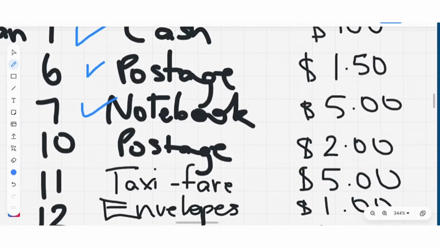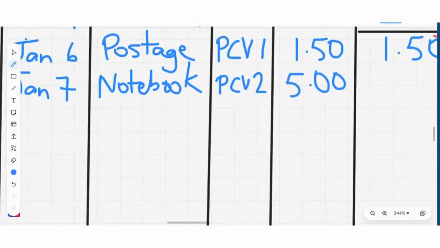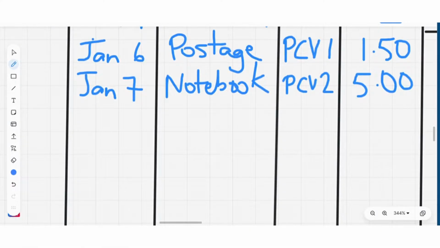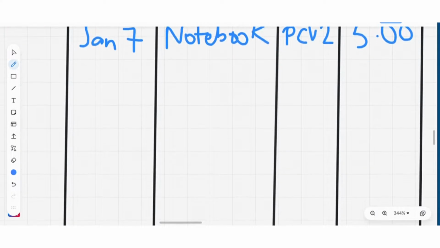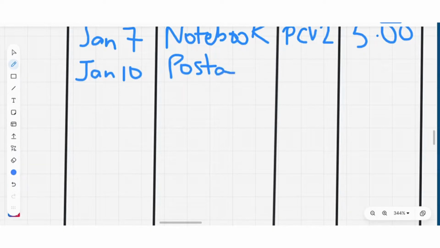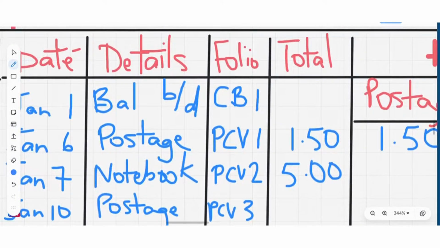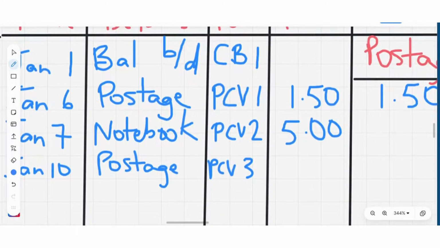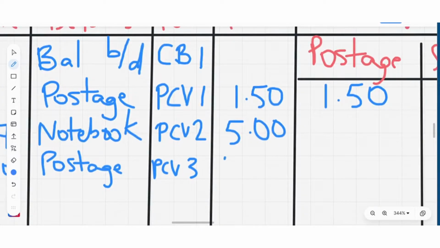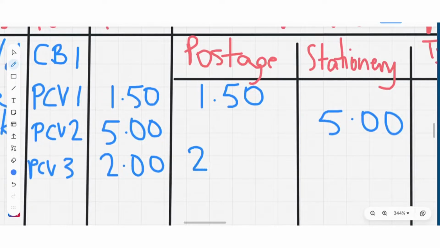January 10, postage for $2. So same thing. January 10, postage, petty cash voucher number 3. Remember, this is the total column. So in the total column, you put the $2. Now under postage, you put $2.